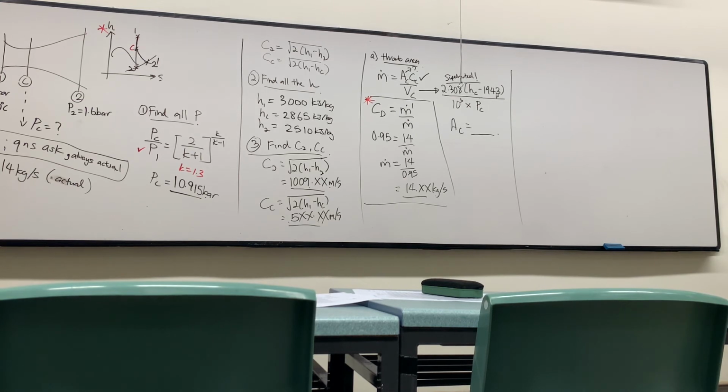Velocity means they ask for exit velocity, right? So we have to choose the nozzle, CV, and the CV is like the velocity part. Because that's how we find it, once we go through the equation, then we find it.